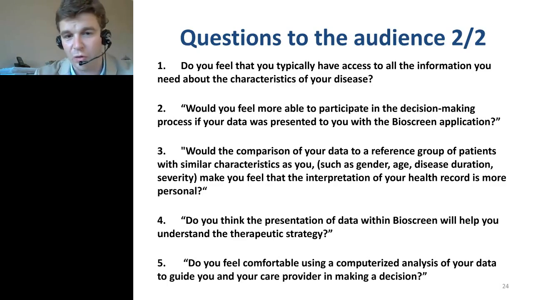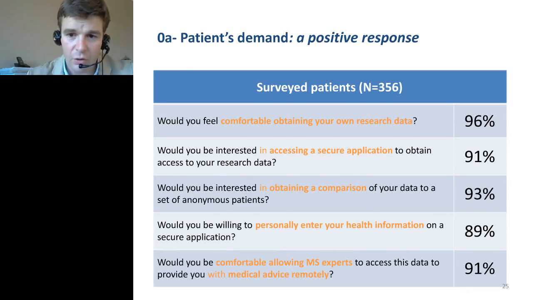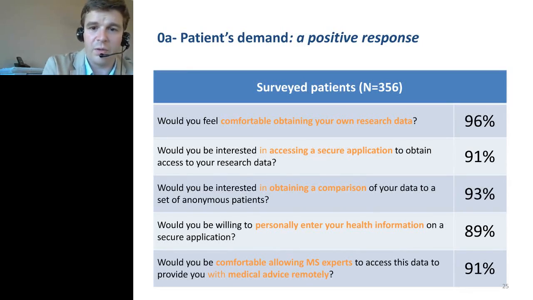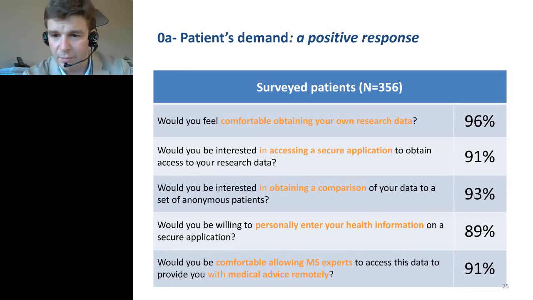So it's pretty much man versus machine, or automated algorithms that are getting an increasing role in this data. So just let me show some of the results we got from the patients.